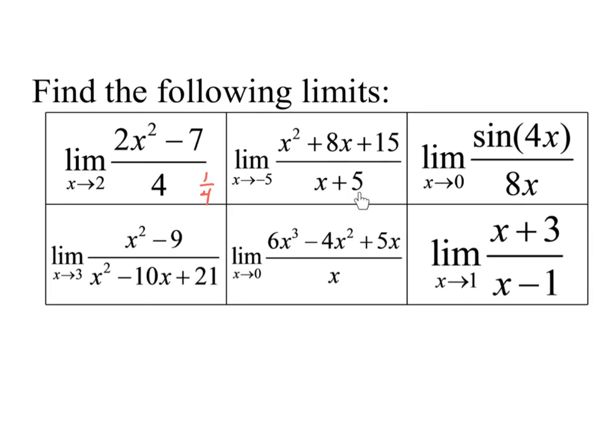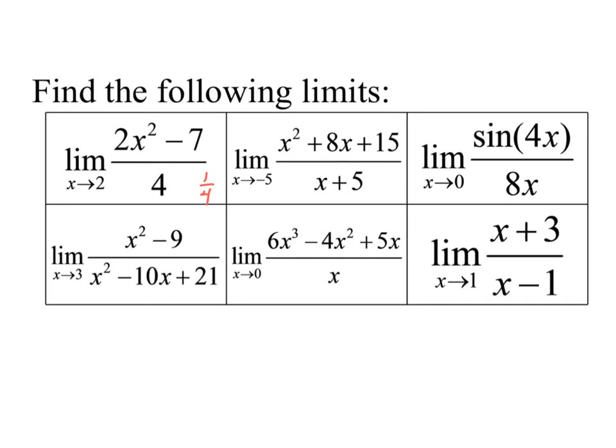Now you should notice right away, yeah, this is a problem. Making the bottom 0 is not enough to say it's indeterminate and use L'Hopital. We have to check the top. So let's say 25 plus -40 is -15 plus 15. So it is 0. So we can use L'Hopital's rule here.